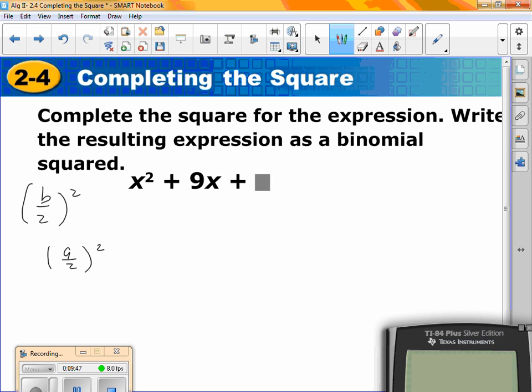All I did was put my 9 in. You know, 9 over 2. It's a fraction, decimal, right? So I'll leave it. What's 9 squared? 9 squared is 81. 2 squared is 4. So the number that goes on the end here is 81 fourths.